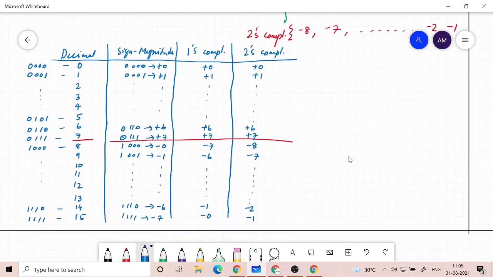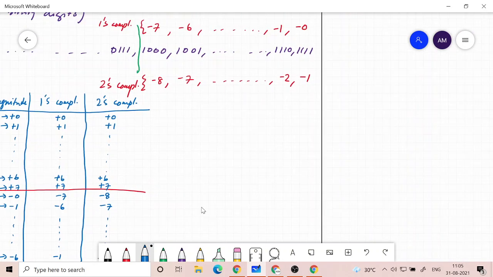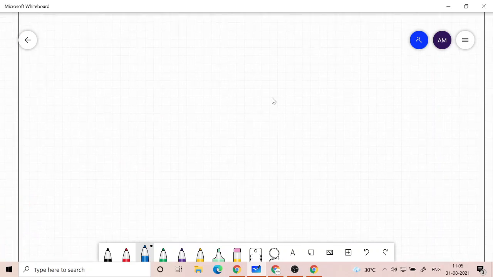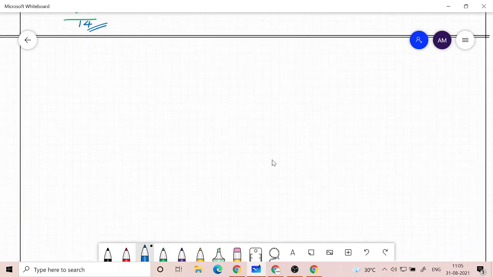Now, how to take 1's complement? The generic mathematical rule is still the same as I wrote earlier. To take the 1's complement of n, what we need to do is basically 2 raised to n minus 1 minus n.